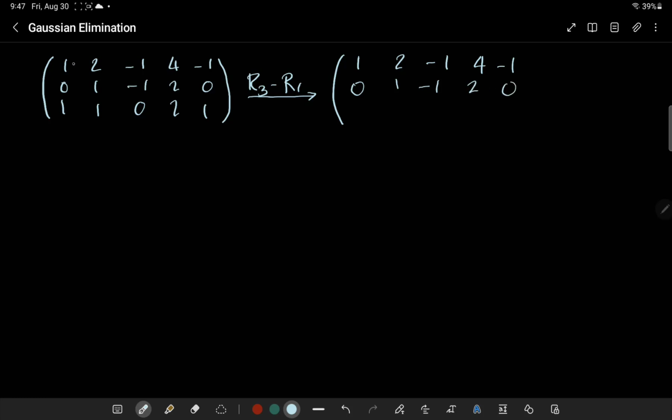Then it's going to be this minus this right here. So I'm going to be doing 1 minus 1. 1 minus 1 is 0. Well, that's how we rigged it, so we could have zeros below, right? That was the whole point. Now, 1 minus 2 is going to be -1. 0 minus -1 is +1. And then 2 minus 4 is going to be -2.